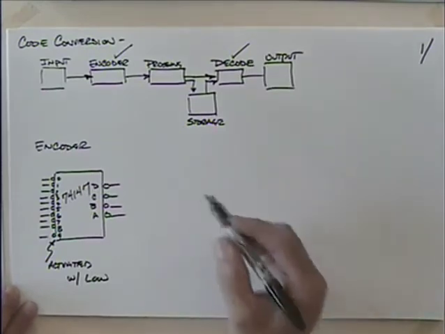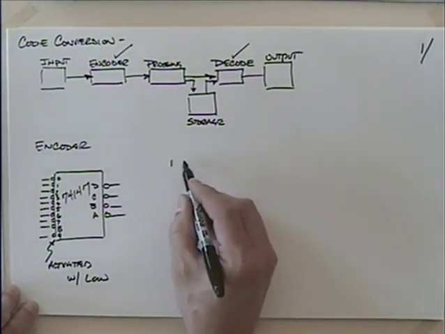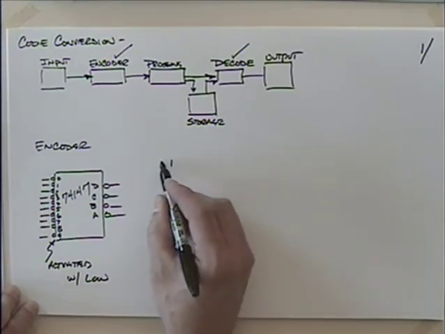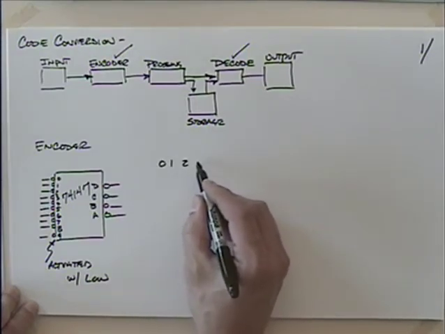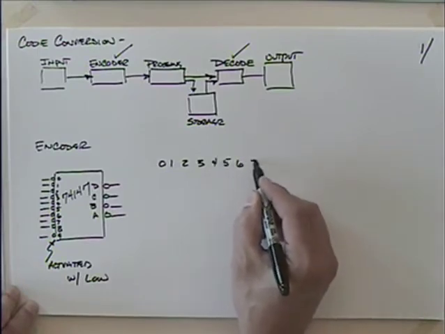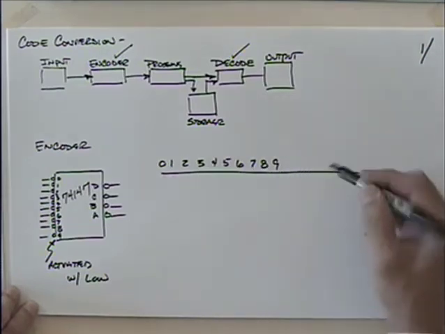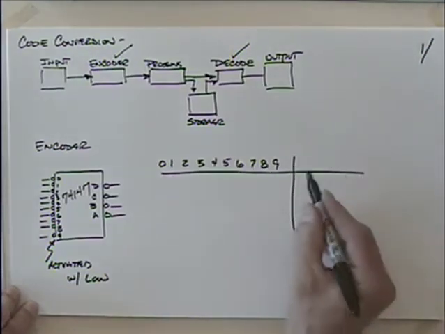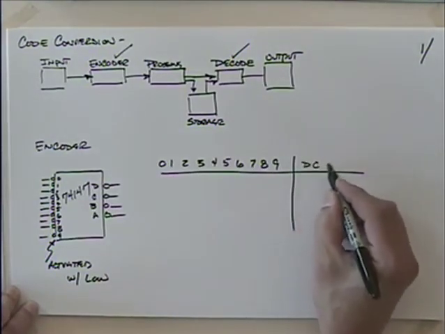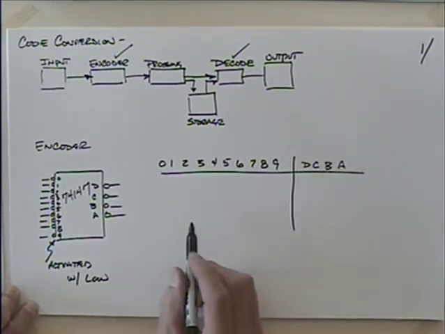So if I looked at a truth table on this, our inputs would be 0, 1, 2, 3, 4, 5, 6, 7, 8, 9. And then our outputs would be like that.